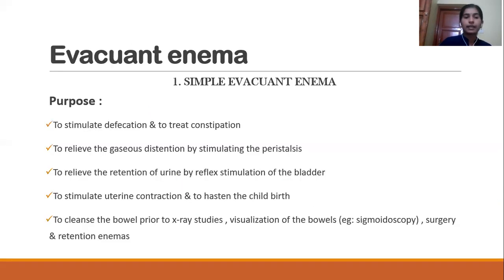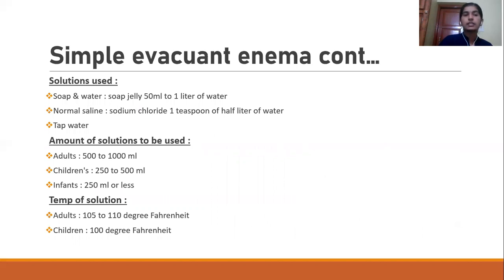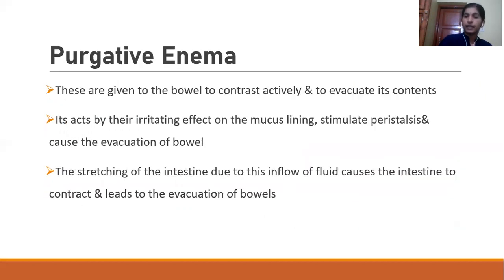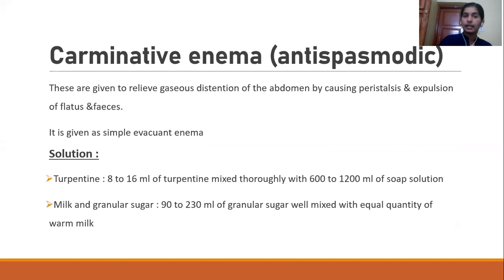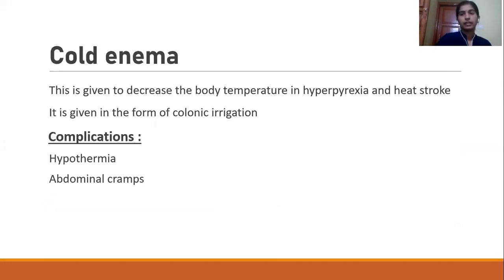In the evacuant enema, there is simple evacuant, and the medicated is again divided into oil enema, purgative enema, anthelmintic enema, carminative enema, astringent enema, and finally cold enema. So these are the major classification of enema.